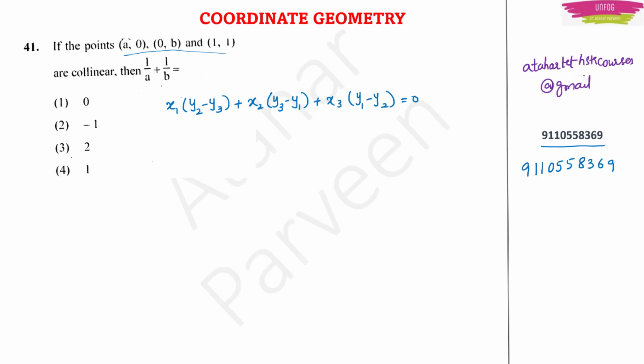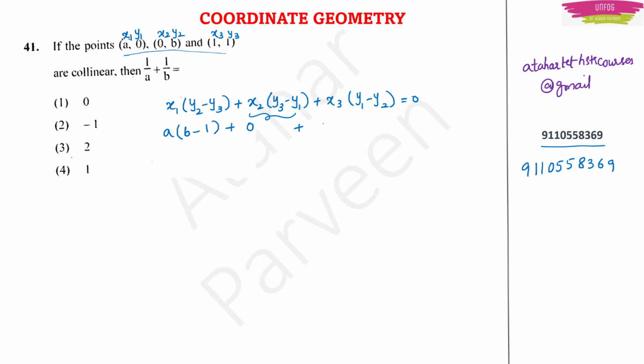Now you just have to substitute the values here. Give the coordinates their names so that you don't make any mistake: x1 y1, x2 y2, x3 y3. Now substitute. x1 is a, y2 is b and y3 is 1, plus x2 is 0, so I will not write anything more, because anything multiplied by 0 will become 0.